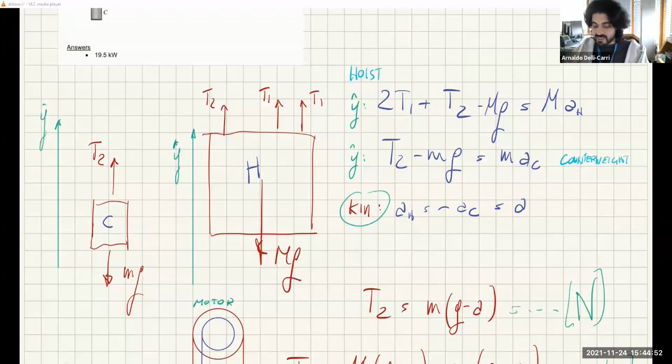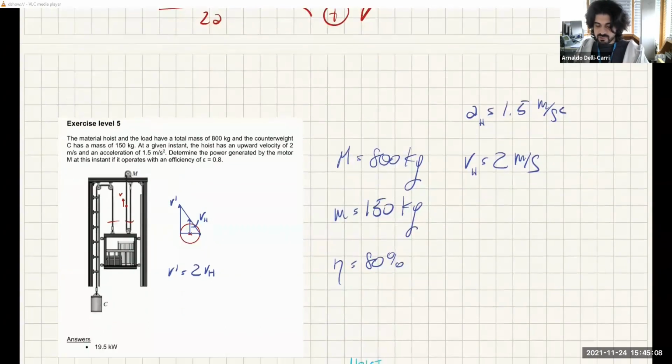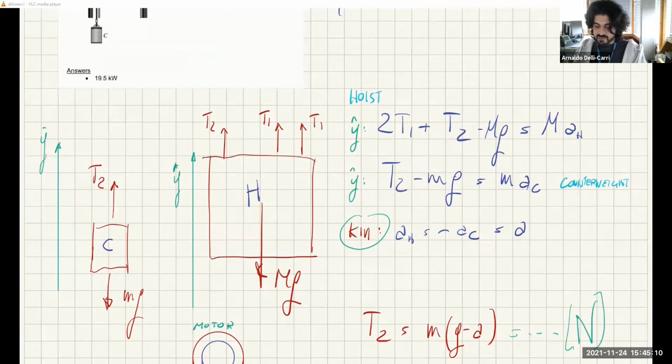So positive T2 minus mg equals mass times the acceleration of the counterweight. Now, of course, we need the kinematic relationship between these two, because these are free body diagrams on their own. Since there is only one rope, if this goes up 1 meter, this goes down 1 meter. So they have the same acceleration, but opposite.